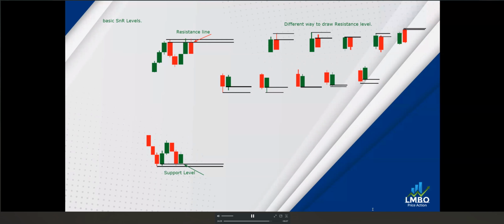We will learn which are strong and which are weak SNR. Then we will learn round number SNR, then gaps SNR, then wick over weak SNR, then single patterns SNR, then trend line SNR.